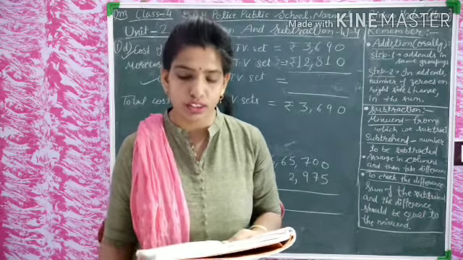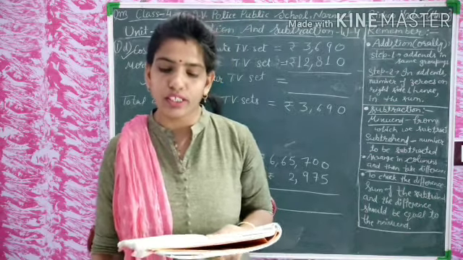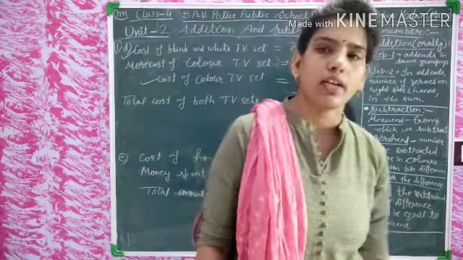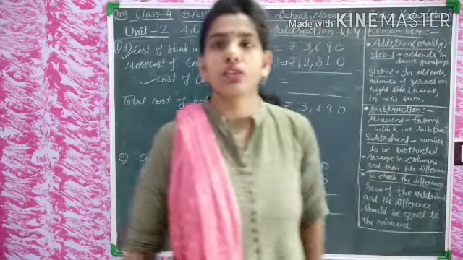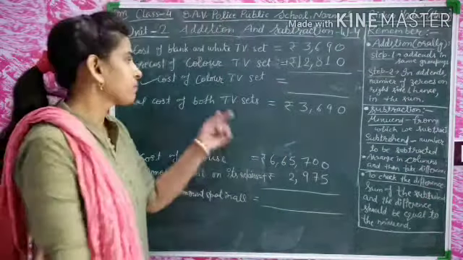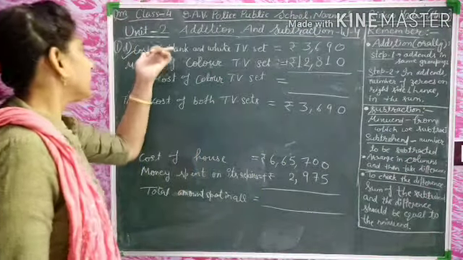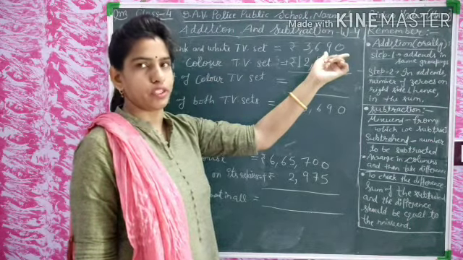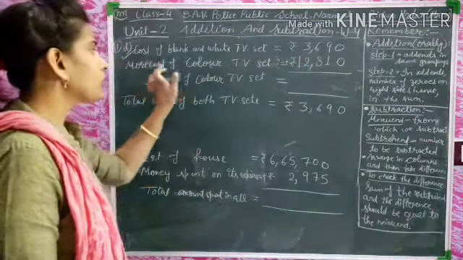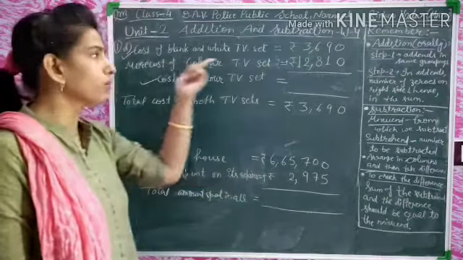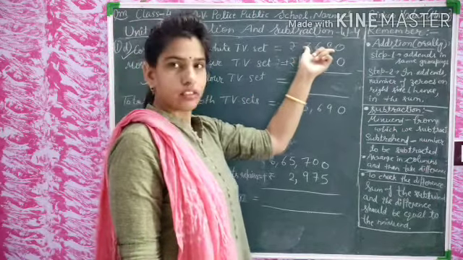Okay students, now we have to find the total cost of both the TV sets. Now see there, the cost of black and white TV set is 3690 rupees, and the color TV set has 12,810 more value than the black and white TV set.